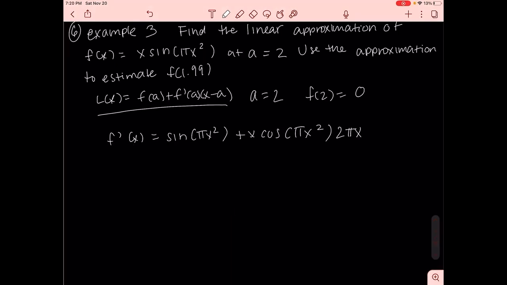So I won't go into the whole process of finding f prime of x in this video, just for the sake of time here. But essentially, I put f prime of x on the screen here. And so if we plug in 2 for f prime of a, we get 8 pi.